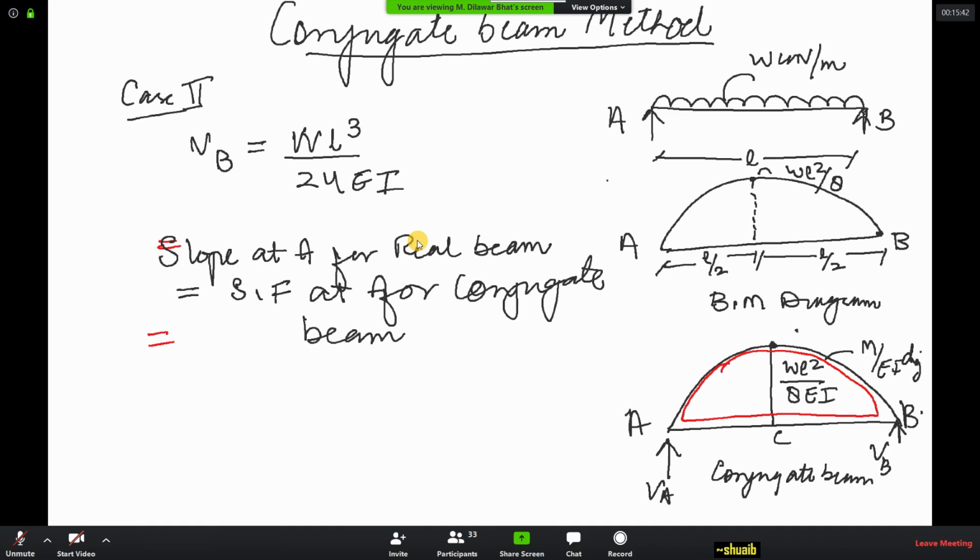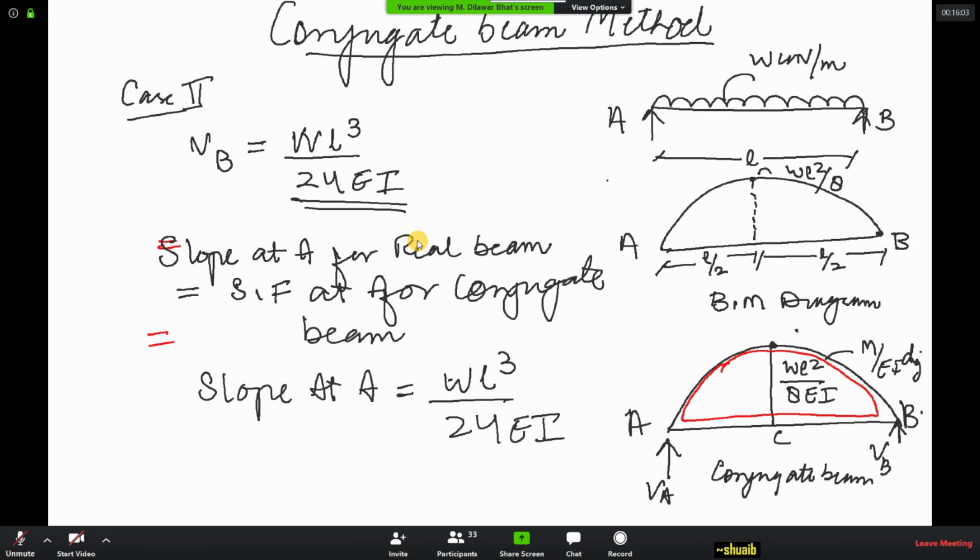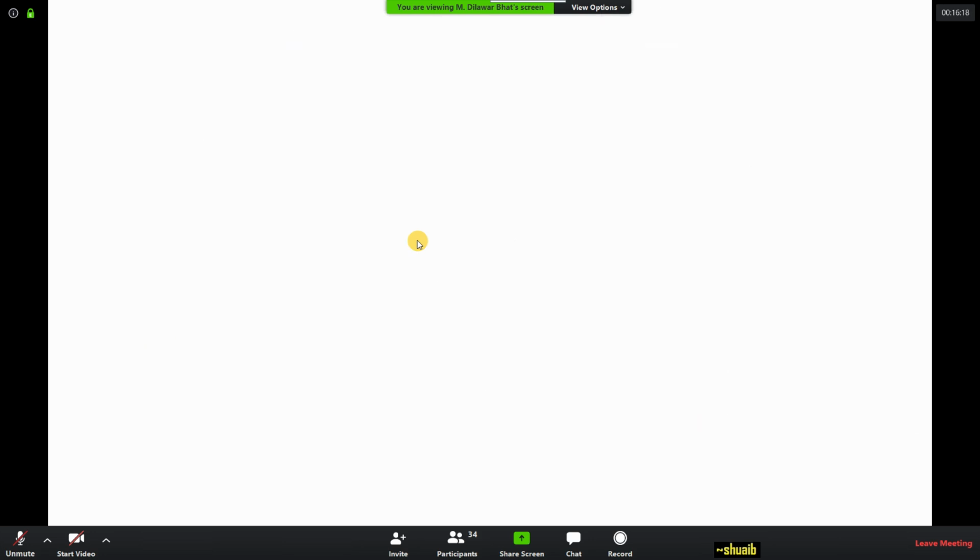Therefore, your slope at A will be equal to the shear force, which is WL cube by 24 EI. So you can simply calculate the slope at A when you have the conjugate beam, by calculating its shear force. Fine, now the slope is already done.